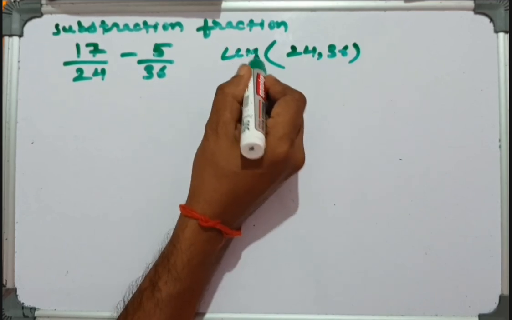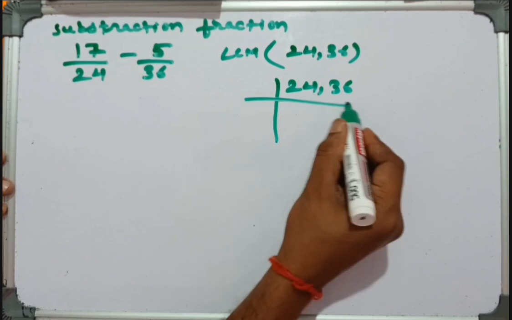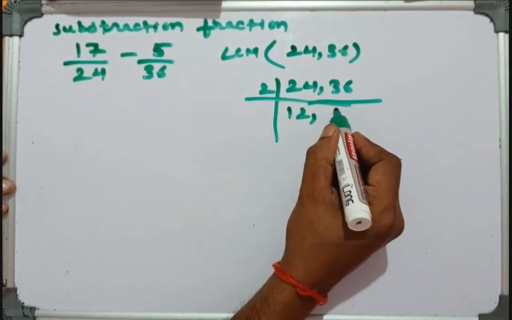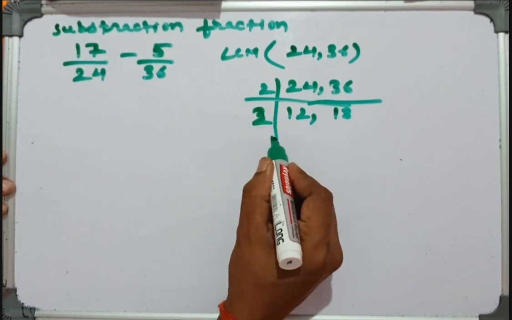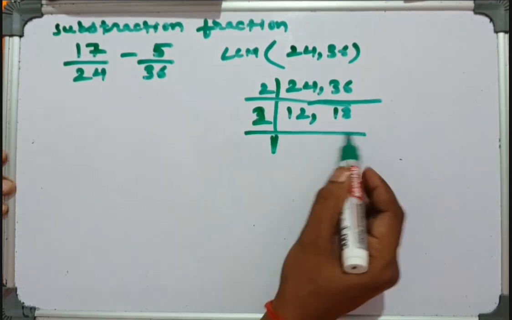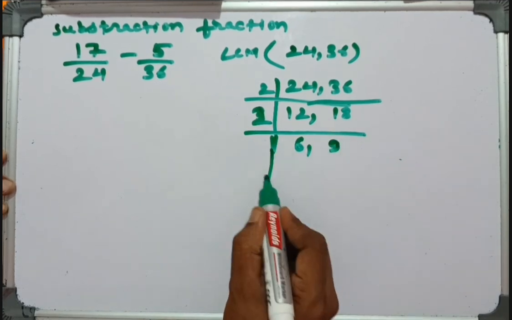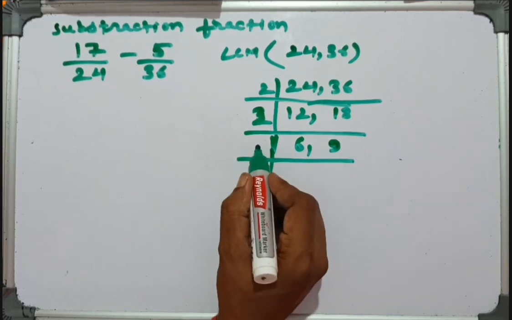So we write it like this. 2 is the prime factorization method. This is 12, this is 18. Then again we go for 2 because the numbers are even. So 6, then 9.